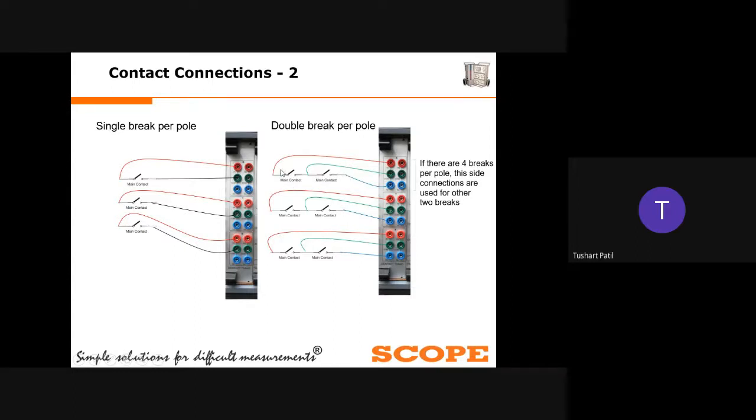So using this, you can measure the two break pole timing. You will get the timing of main 1 at R1 and main 2 at R2. So these are the simple connections.